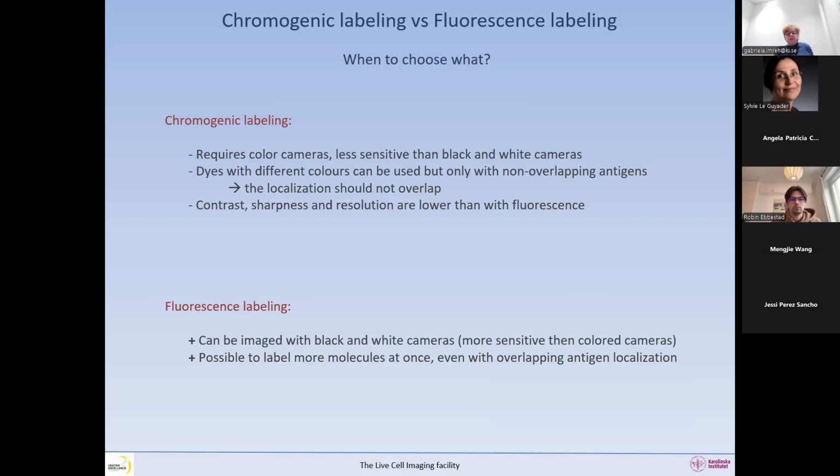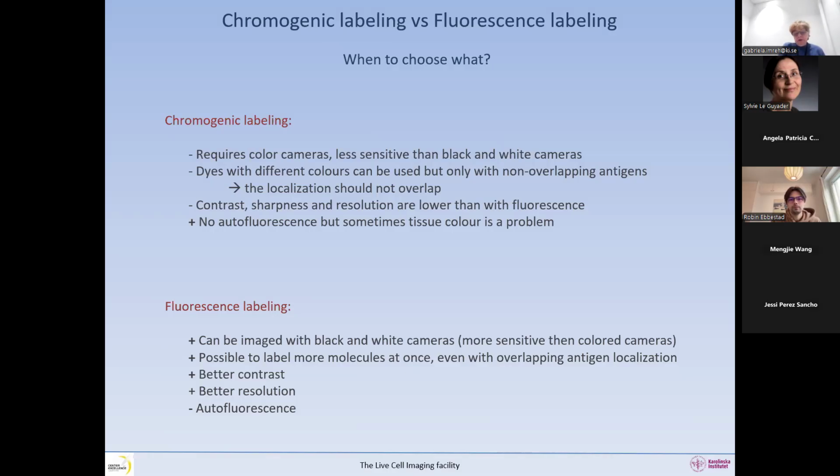The contrast, sharpness, and resolution are lower in chromogenic labeling. In fluorescent labeling, we always have better contrast and better resolution. Autofluorescence is not an issue when we perform chromogenic labeling, but sometimes the tissues themselves can have some color. When we perform fluorescent labeling, autofluorescence is a problem.